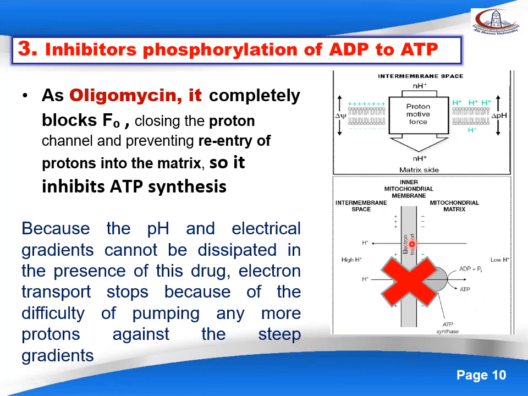So preventing the return of protons inhibits further pumping, and so inhibits oxidation. But in uncouplers, oxidation proceeds. In both uncouplers and inhibition of phosphorylation, there is no ATP. But in uncouplers, oxidation proceeds, while oligomycin, blocking F0, blocks both phosphorylation and oxidation.